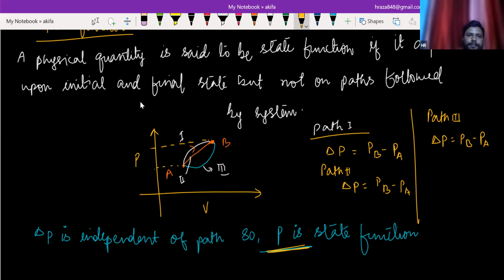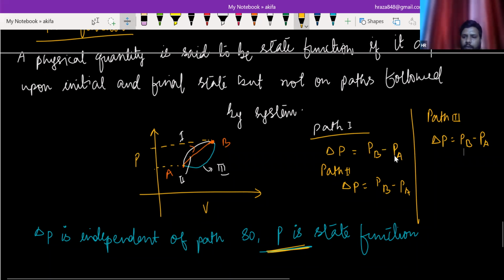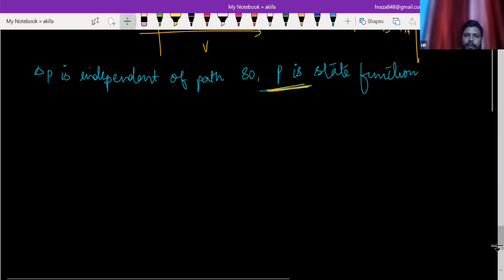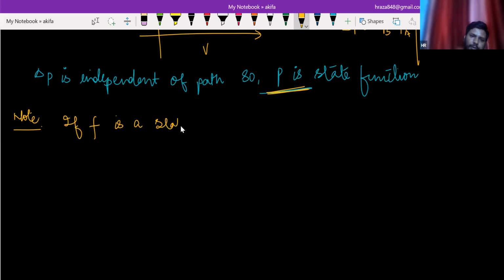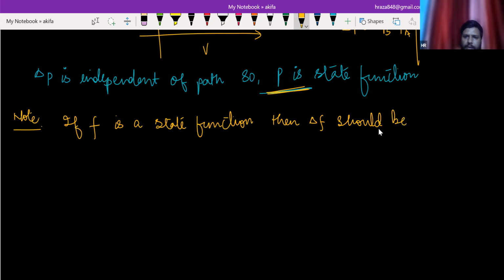Very good. Now again I am going to write whatever I told you. If f is a state function, then delta f should be path independent.